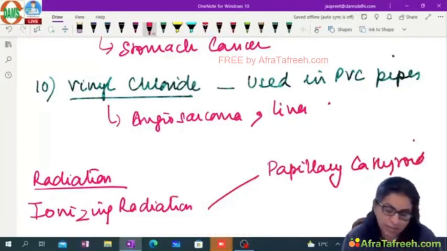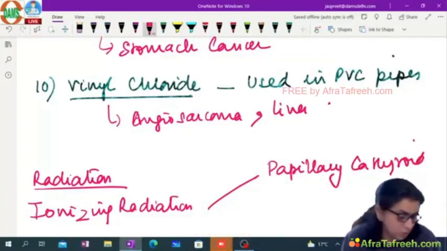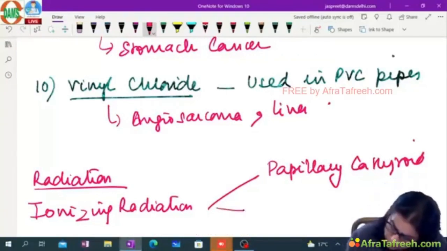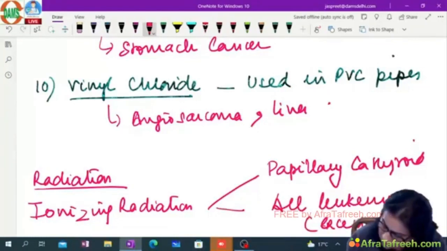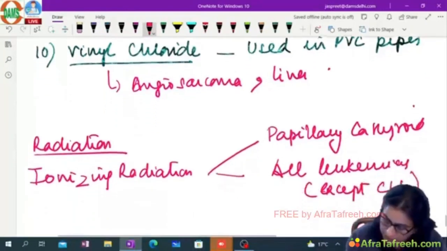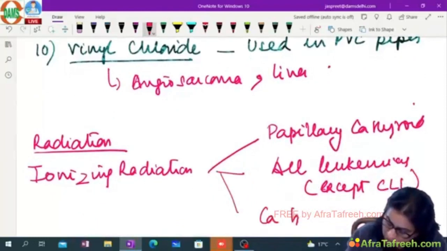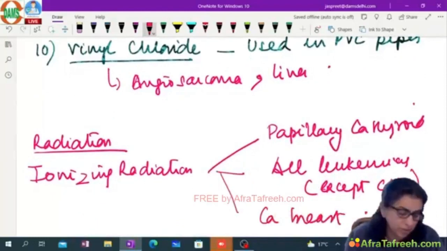Two, all leukemias except CLL, chronic lymphocytic leukemia, are associated with ionizing radiation. Also carcinoma breast.